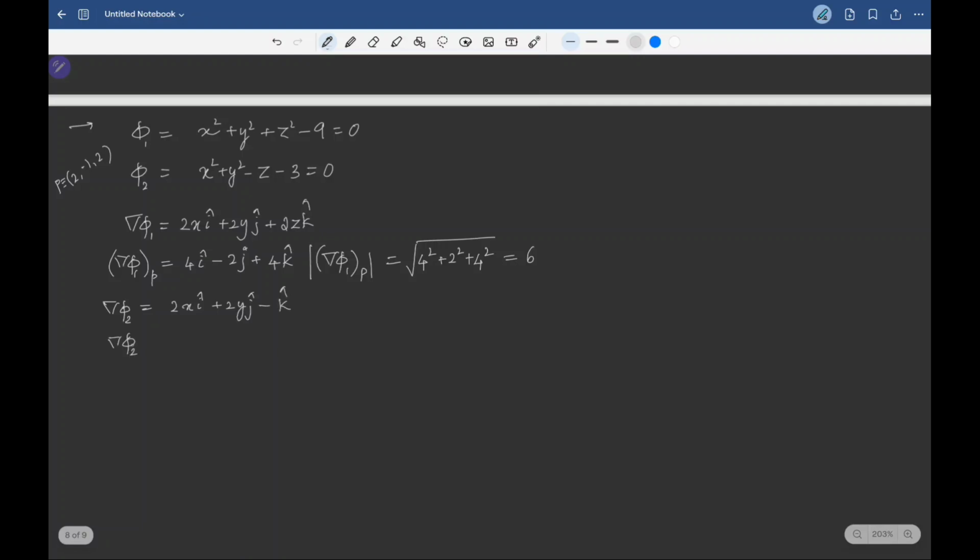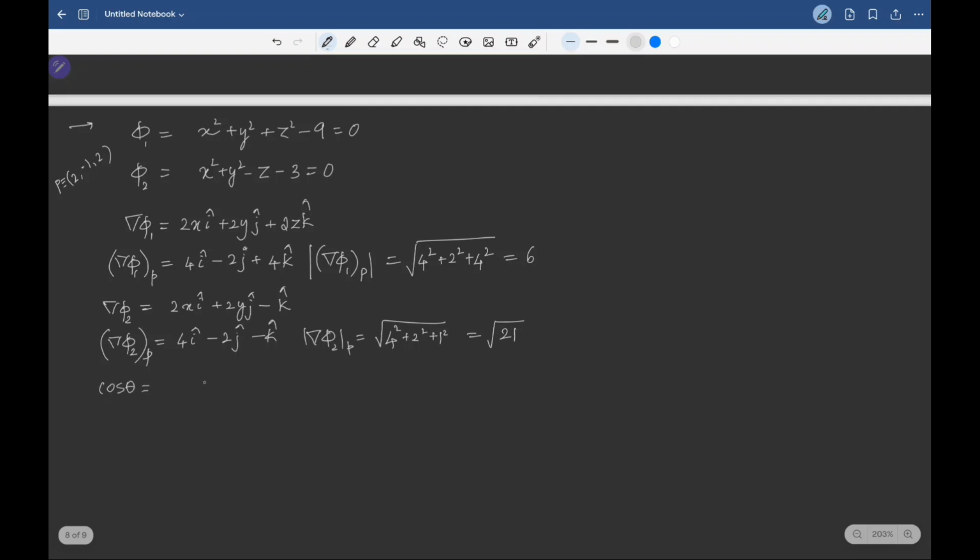Del phi 2 at that point is 2 into 2, 4 i cap minus 2 j cap minus k cap, and the mod value of del phi 2 at P is under root 4 squared plus 2 squared plus 1 squared. What we get is 16 plus 4 is 20, 20 plus 1 is 21, so it is root 21. Now we have all the values.